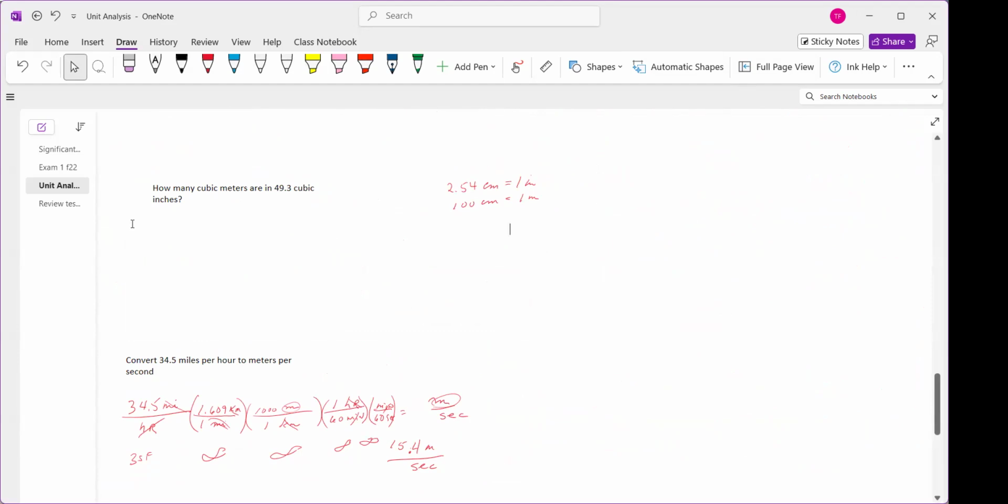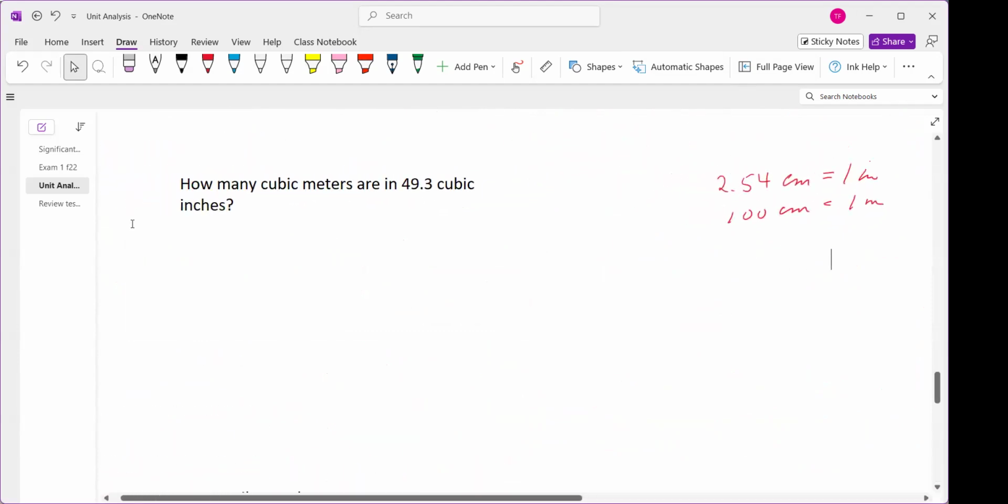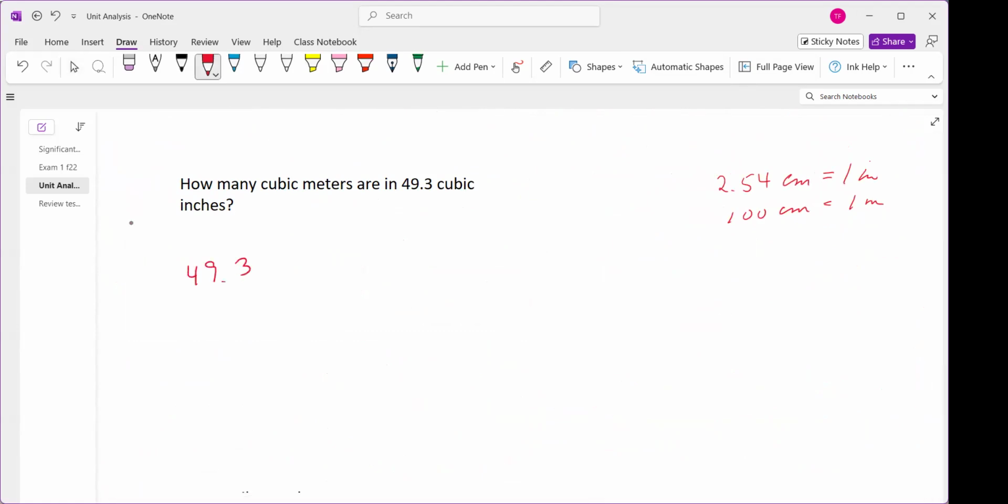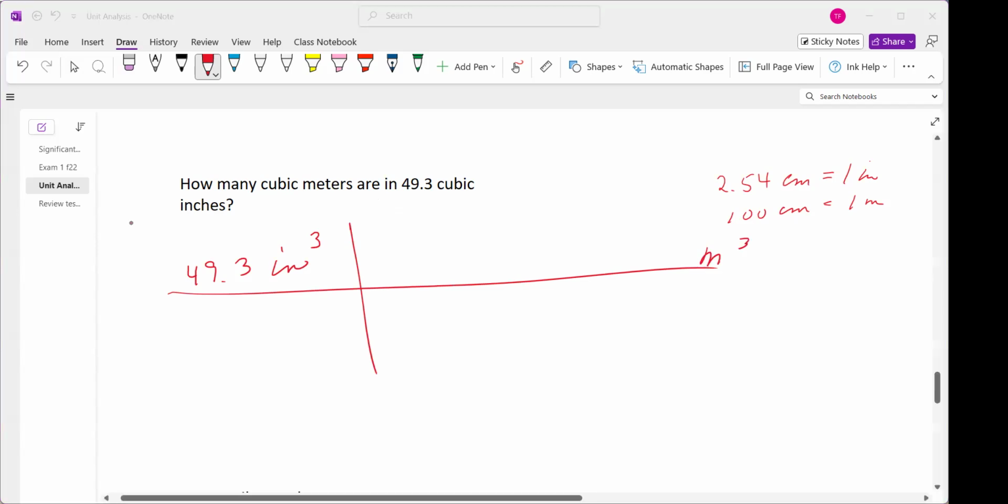Okay, so we're going from cubic inches to cubic meters.